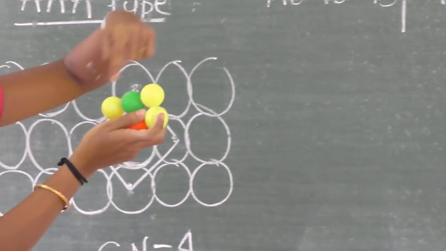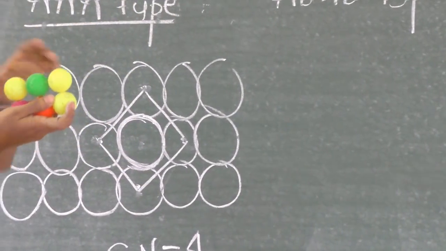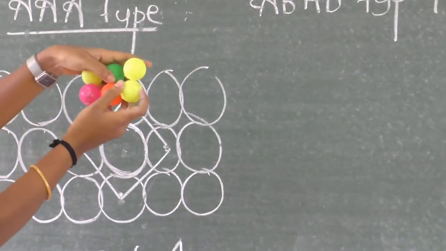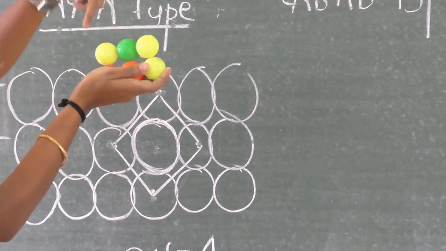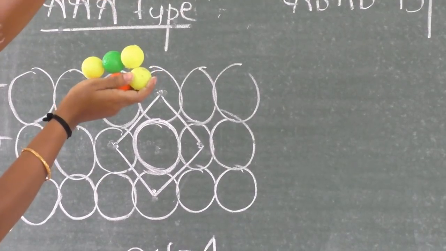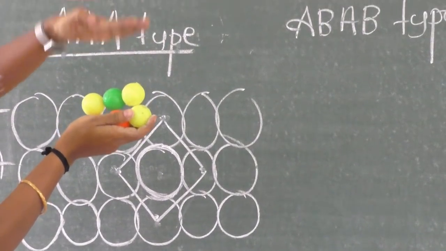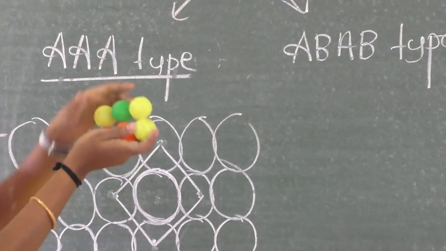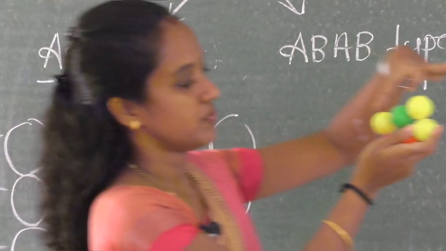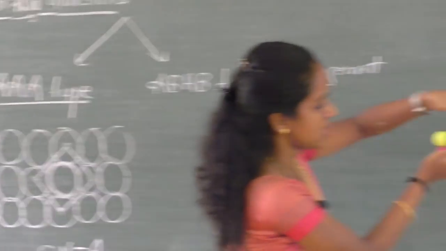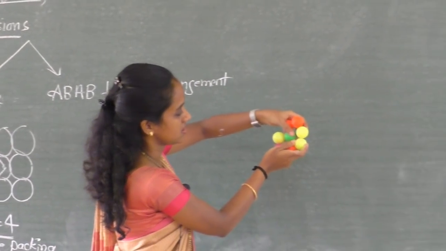If I keep one more layer here, then this will be like this, clear? This is A type, again the second layer is also A type, and again you have to keep similar layers, one above the other. If you consider the central particle, it will be in contact with the 4 neighboring particles, see, like this.